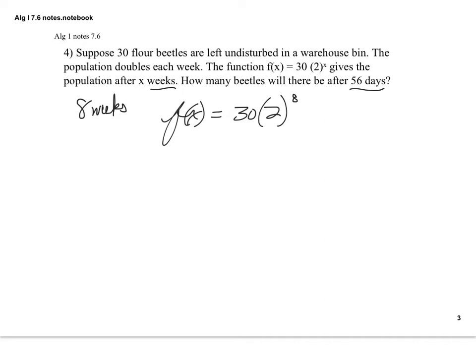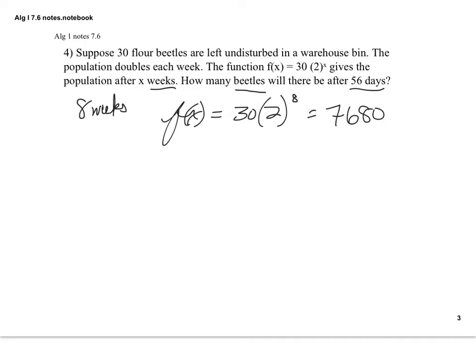So I need to multiply 256 times 30, and that will give us 7,680 beetles. That's how many beetles I'm going to have after 56 days.